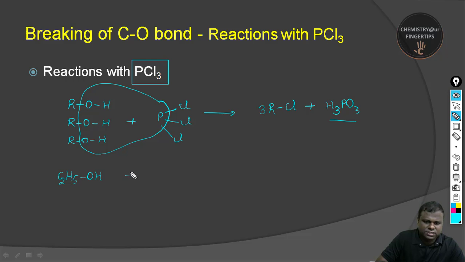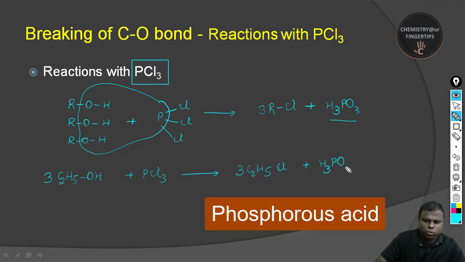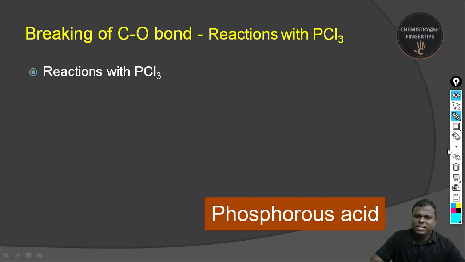And then this is going to be treated with PCl3. Reaction में directly लिखूंगा. I will take 3 moles of this and the reaction I'll be getting 3 moles of C2H5Cl, right? Plus H3PO3, which is phosphorus acid. Okay, so this was about PCl3 reaction.